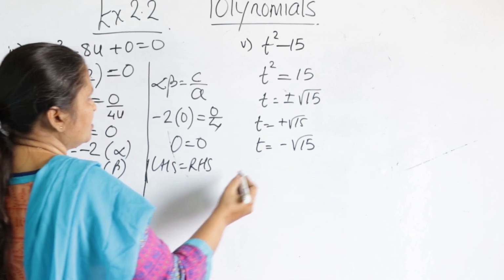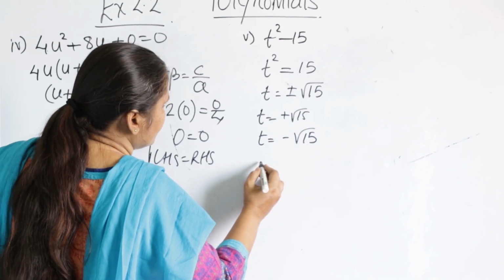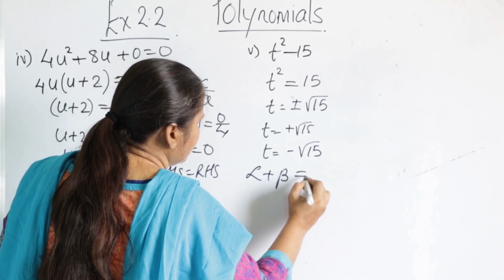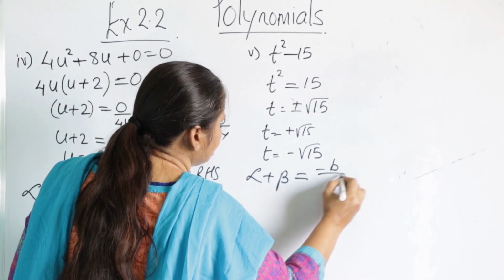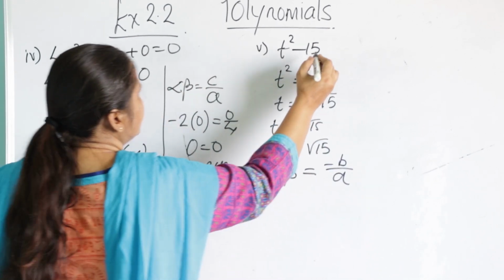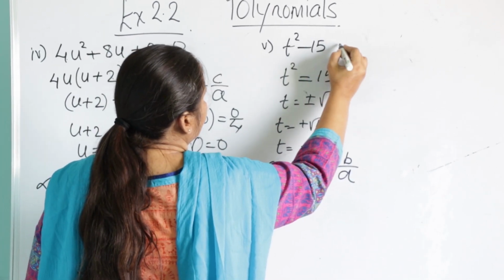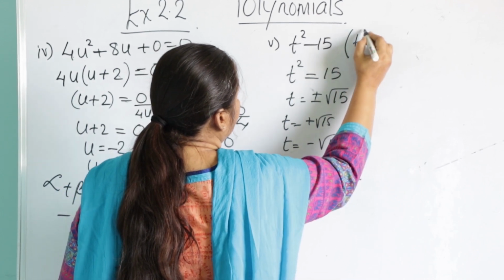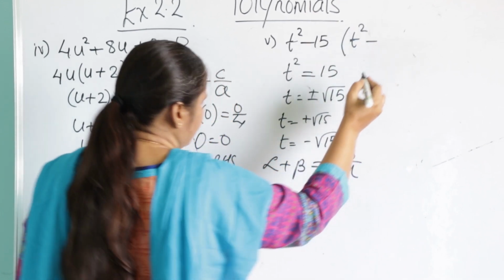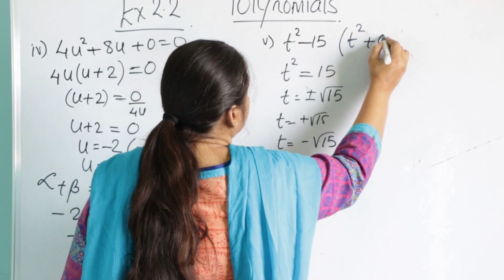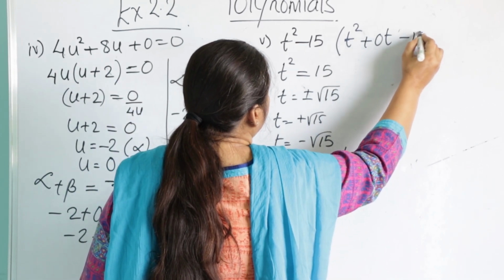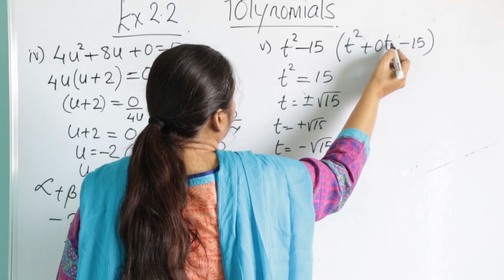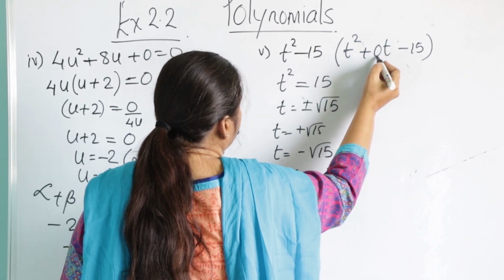So, now let's see what happens. Here alpha plus beta is equal to minus b by a. We have to rearrange. If we have to give it a standard form, we can rearrange it as t square plus 0t minus 15. We don't have t raised to 1, so let's take it as t raised to 1 times 0.